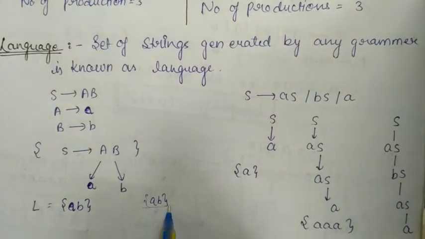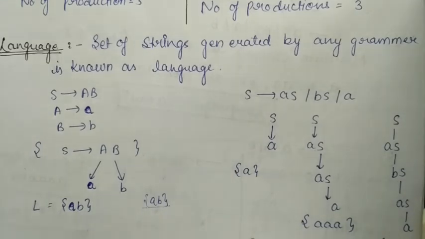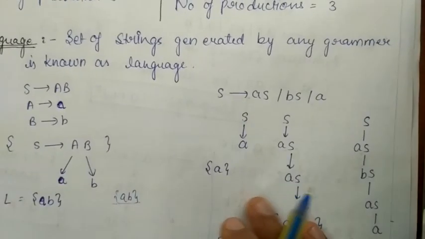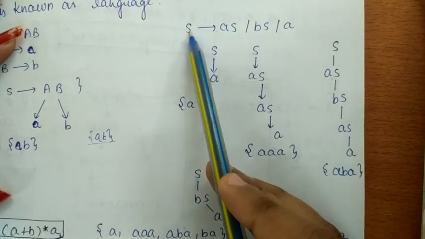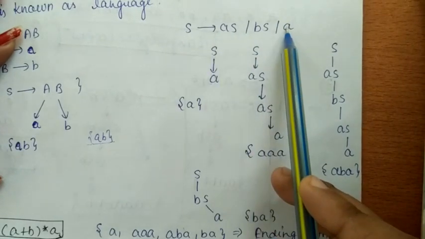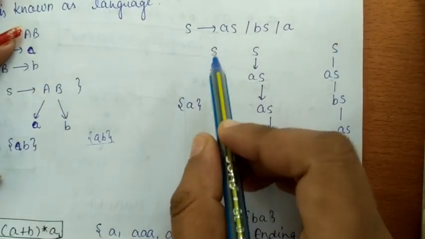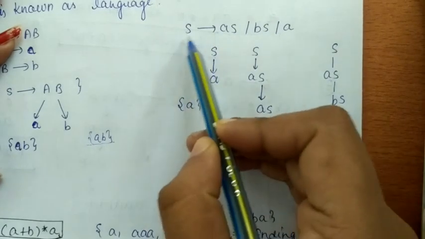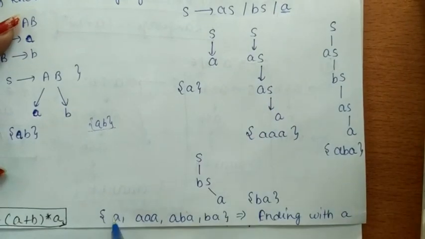In a language it is not compulsory that we have only one string. We can also have a grammar which generates more than one string. Suppose we take an example like this: this is the starting symbol and we have 3 productions in the grammar, and this is the terminal. First of all, what is the smallest string this grammar can generate? S can be replaced by the terminal a, so the minimum string will be a.